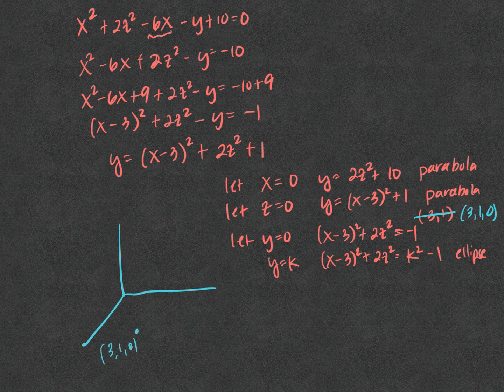Now coming out of that, we have two parabolas and an ellipse. So we have a parabola for y equals z squared. And then we have a parabola for y equals x squared, and it's centered right there. I'm going to draw it inside of here just because it sits on a different curve.